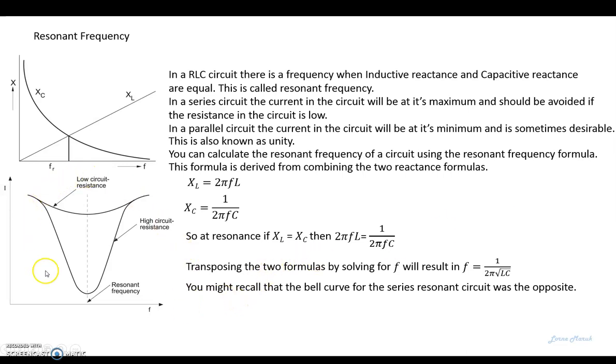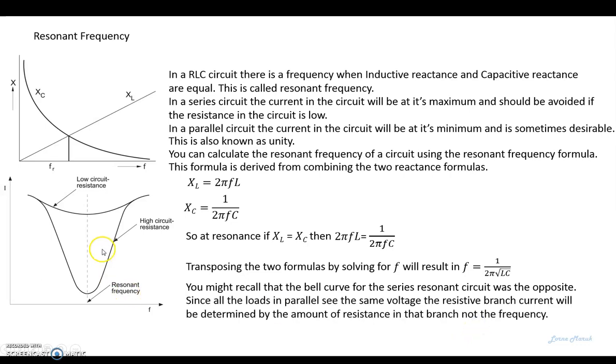And you might recall the bell curve from the series circuit was the opposite. We had a high rise in current as our resonant frequency canceled out the reactances and made them equal. But in parallel, since all the loads are seeing the same voltage, the current will be determined by the amount of branch circuit, not the frequency.